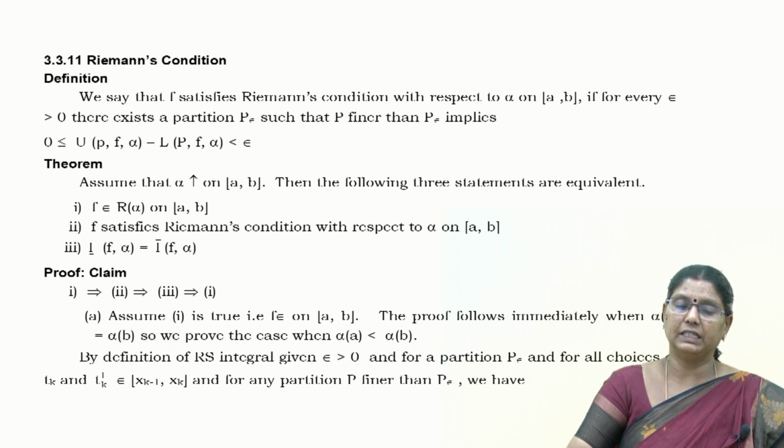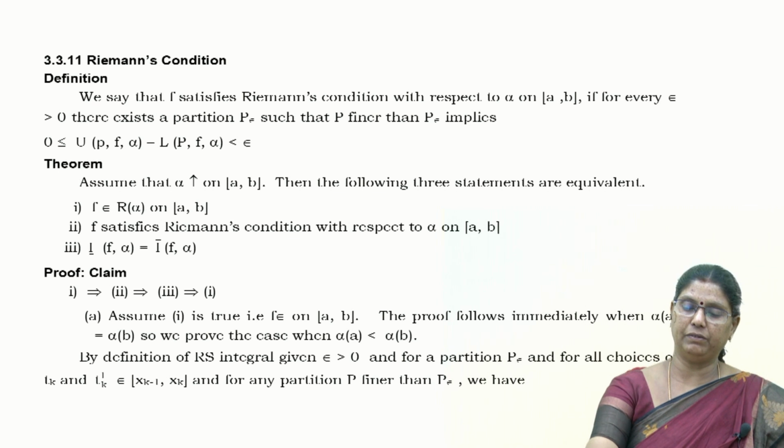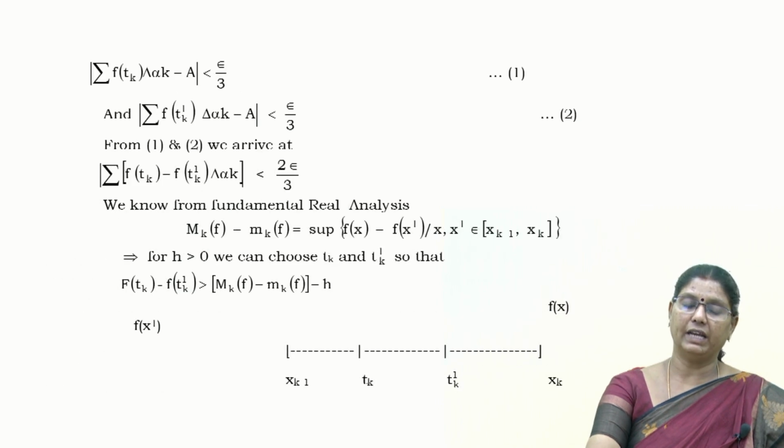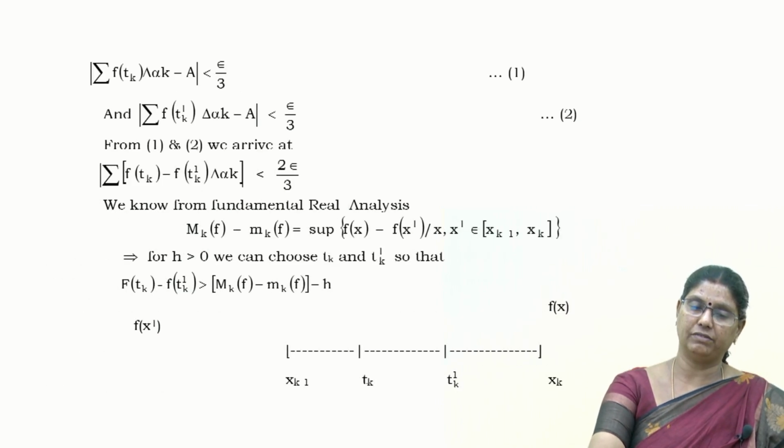By the definition of the Riemann-Stieltjes integral, given epsilon greater than 0 there exists a partition P epsilon, and Tk and Tk dash belong to the closed interval xk minus 1 comma xk, and for any partition P finer than P epsilon, we can write modulus of summation of f of Tk into delta alpha k minus A is less than epsilon by 3.